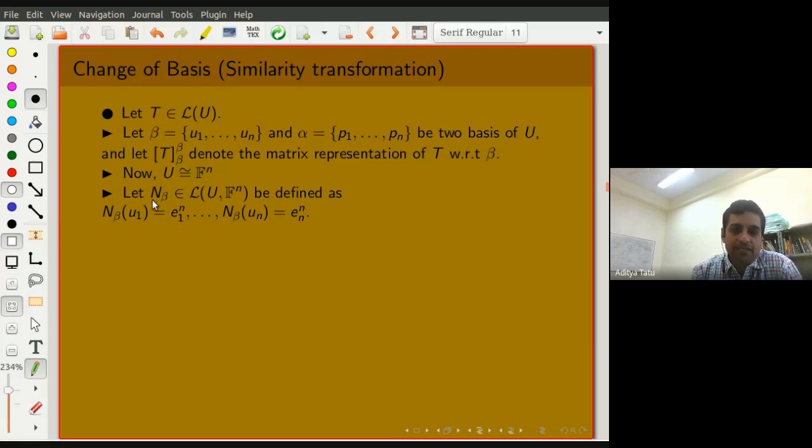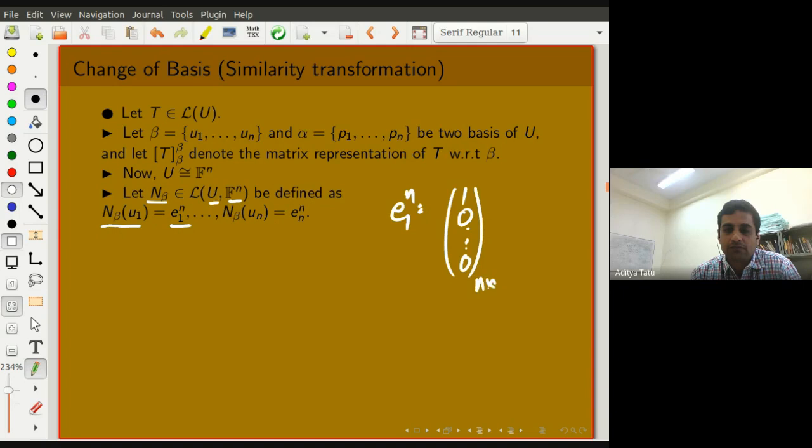So N beta is an isomorphism between U and F^n, and I'm going to define it this way. N beta maps the first basis vector of the vector space U to e1n. Now what is e1n? It is the vector 1 followed by n minus 1 zeros. In general, ekn denotes the vector of all zeros except the 1, and the 1 is in the kth position.